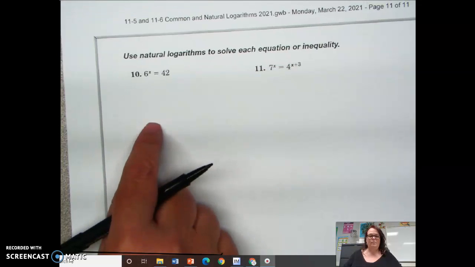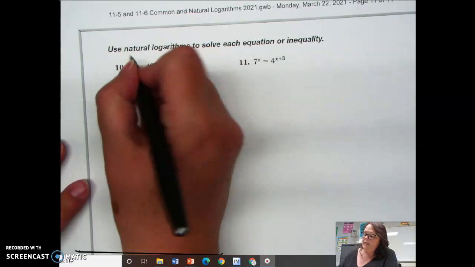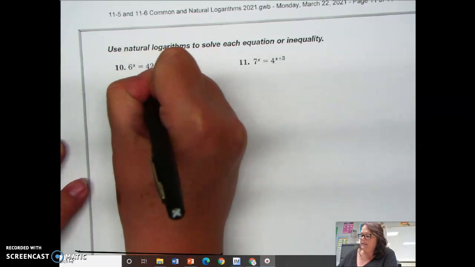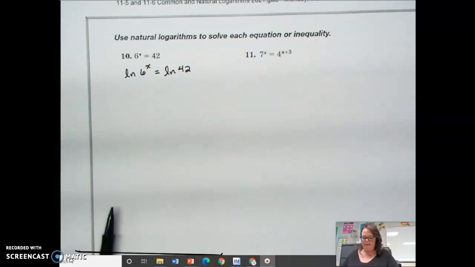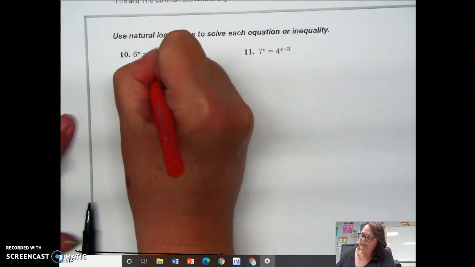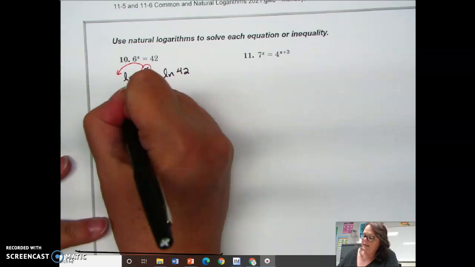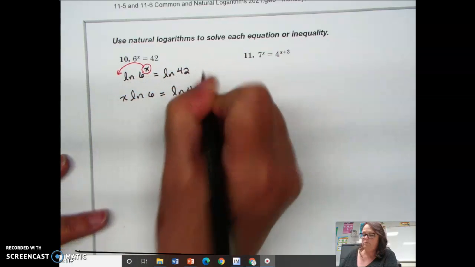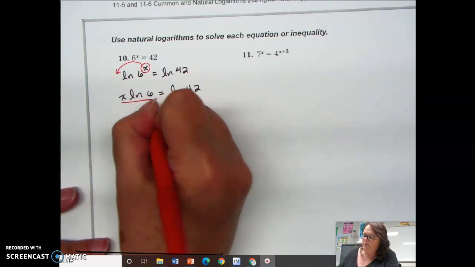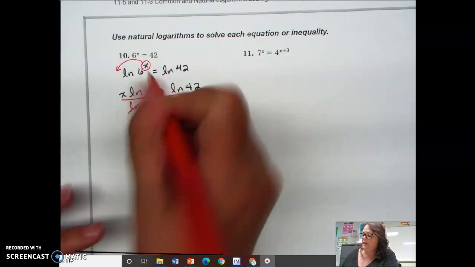And so I can use this in the very same way that I can use the log base 10. So instead of taking the log of both sides, I can take the natural log of both sides. And then my power rule says I can bring this x down. And so that means that I have x times the natural log of 6 is equal to the natural log of 42. And then if I divide both sides by the natural log of 6, these cancel.